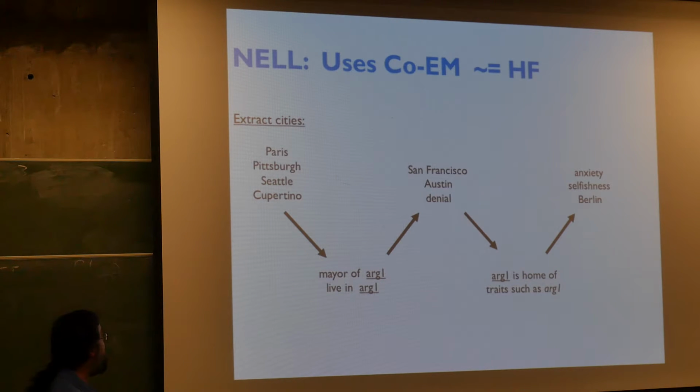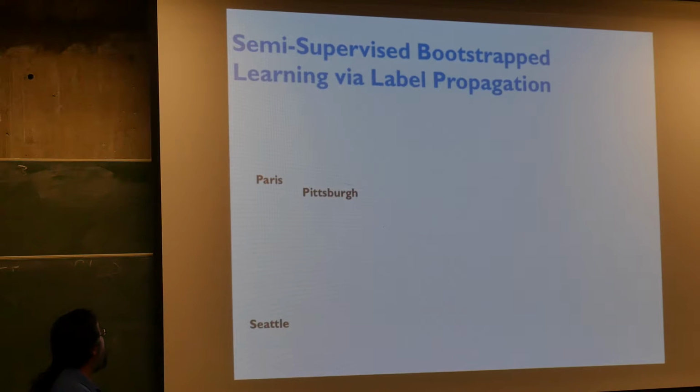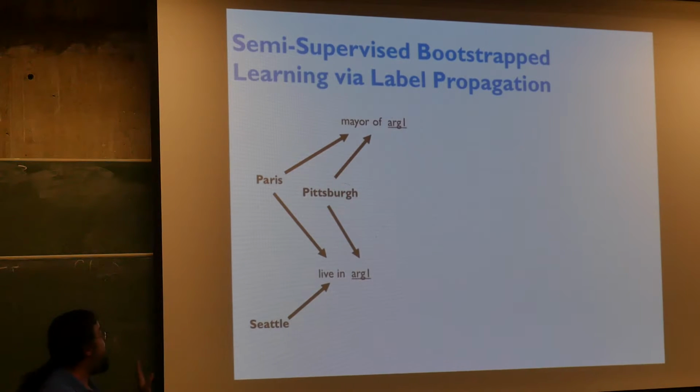The problem, I guess, is what you'd like to see happen: we start off with some examples, and we've got these things which are basically features of those examples. Just to break it down a little bit more, we've got individual features connected to individual entities.